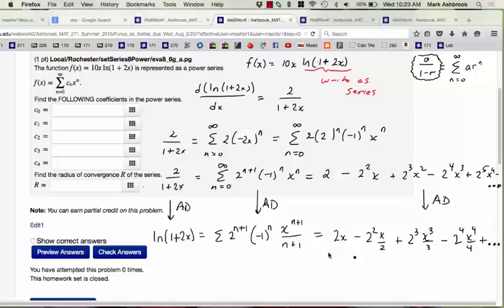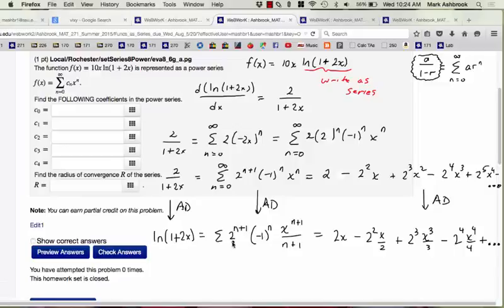Now I just want to make sure my index is right. So let's try n equals 0. If I start with n equals 0, do I get 2x? That's what we're asking. If n equals 0, I'm going to get 2 times 1 times x. So n equals 0 does give me 2x. And then I'm going to try n equals 1.